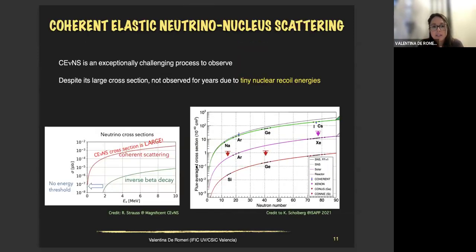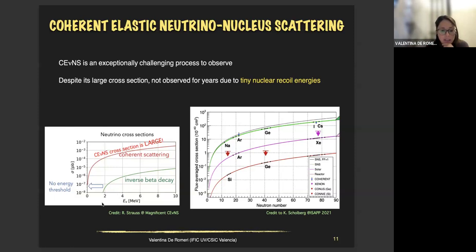So CEvNS is indeed an exceptionally challenging process to observe because, despite the magnitude of its cross-section, it leads to very tiny nuclear recoil energies. So this figure on the left shows the typical magnitude of the CEvNS cross-section in red compared to, for instance, the inverse beta decay neutrino cross-section.